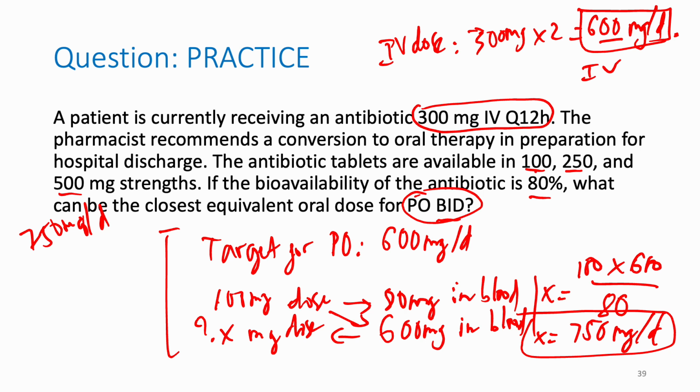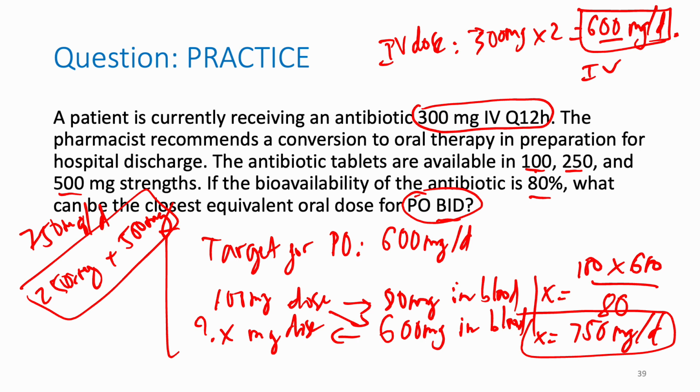You have 100 milligram, 250 milligram, and 500 milligram. In this case, you can take one dose of 250 milligram, and then another dose of 500 milligram. Then you have 700 milligram. However, this one is potentially risky.